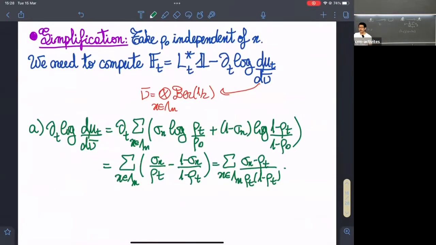Let's take rho 0 independent of x. Here I should give you a little bit of justification for this. Maybe you feel that we are somehow cheating, because the most interesting behavior will happen when you take non-uniform initial conditions.